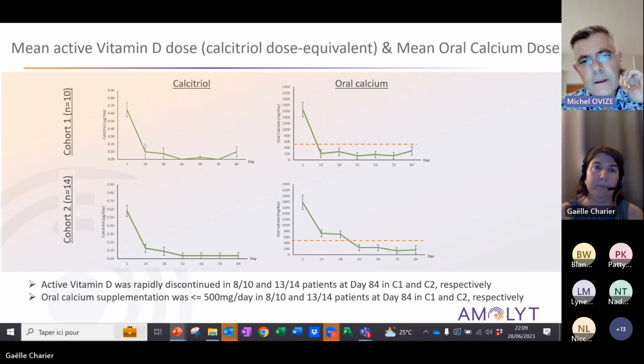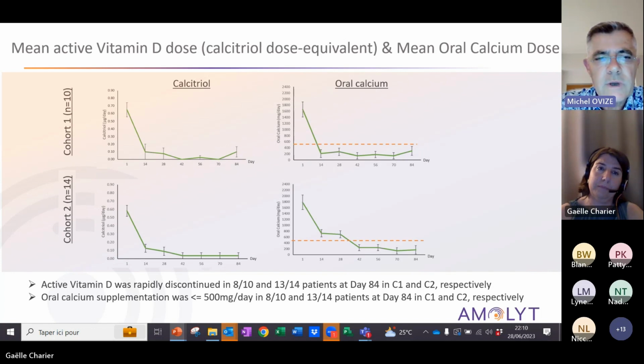As you know, when we start the treatment with eneboparatide, we have to remove conventional therapy, active vitamin D, and oral calcium supplementation. In our study, patients were taking calcitriol or alpha-calcidol, and they were authorized to continue up to 500 milligrams per day of oral calcium intake throughout the 3 months treatment period.